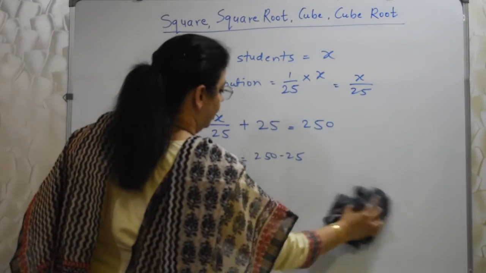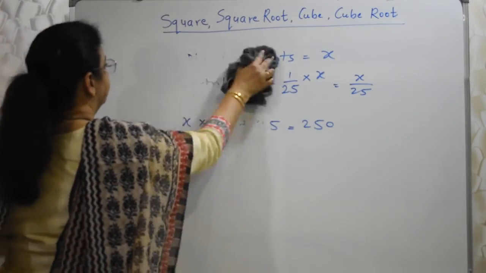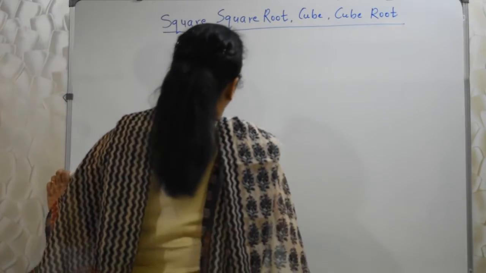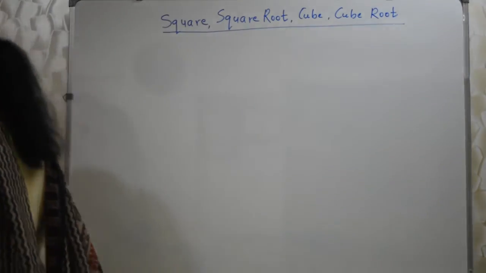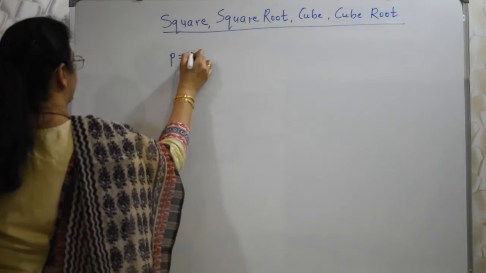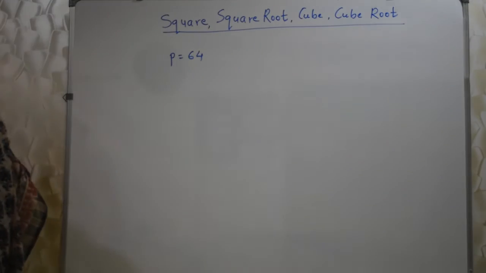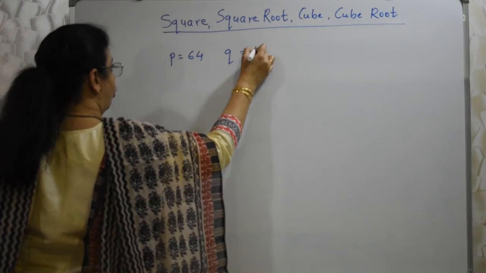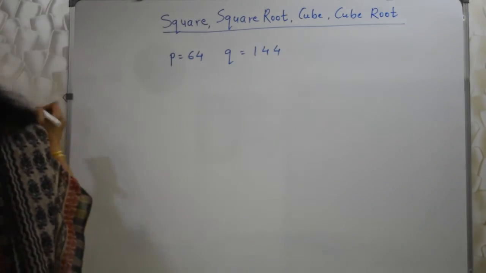Okay students, let's go move ahead. Next sum is even more interesting. If P is equal to 64 and Q is equal to 144, then find what?